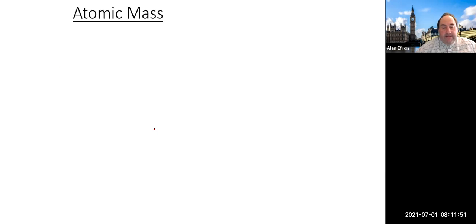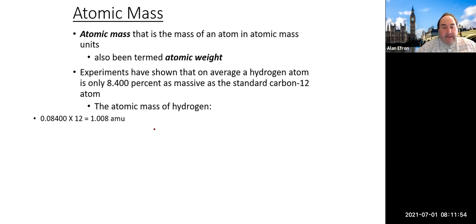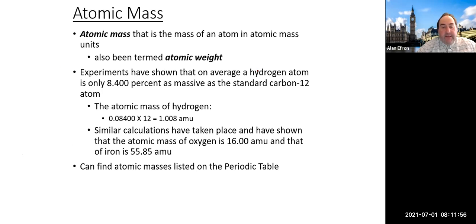The atomic mass of hydrogen, for example, was found to be about 8.4% as massive as a carbon 12 isotope. And what they did is just a little math problem here. This is 8.4% times 12, right? 8.4 divided by 100 gets you 0.084, or move the decimal 2 places over.